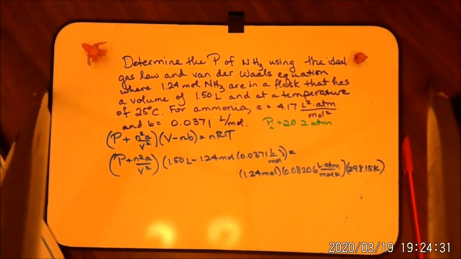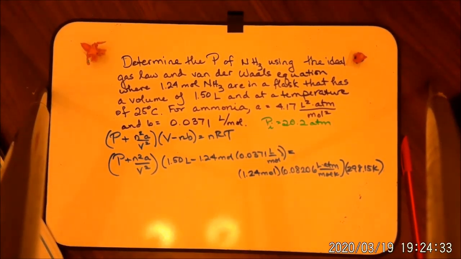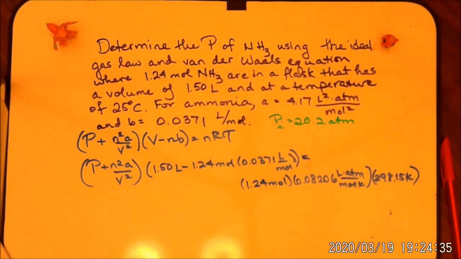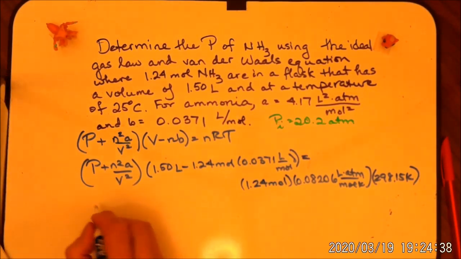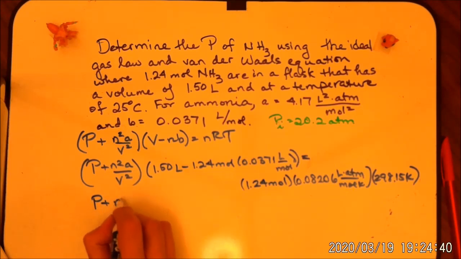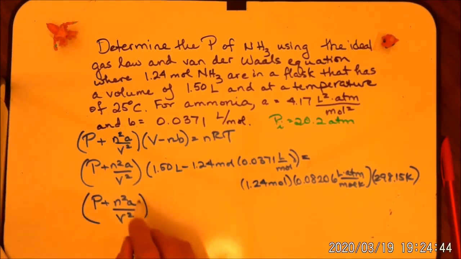So now P plus n squared A over V squared is equal to this divided by that.